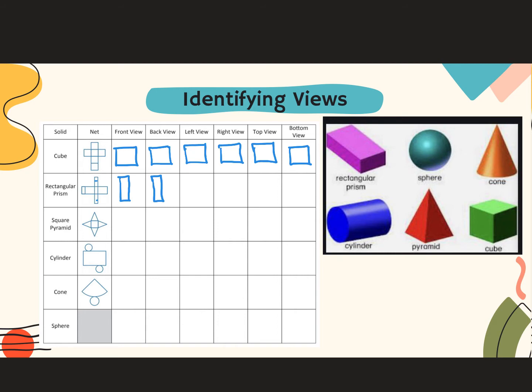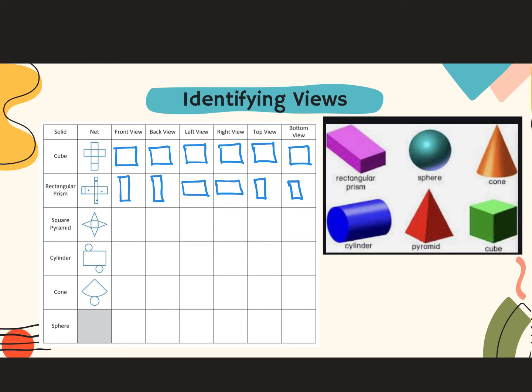Then if I look at it from my left view, I'm going to have this wider rectangle, or horizontal view of a rectangle. If I look at it from my right view, I'm going to have that same rectangle. Of course, it's not drawn to scale. If I look at it from the top view, I'm going to have a little shorter rectangle. And if I look at it from the bottom view, the same shorter rectangle.